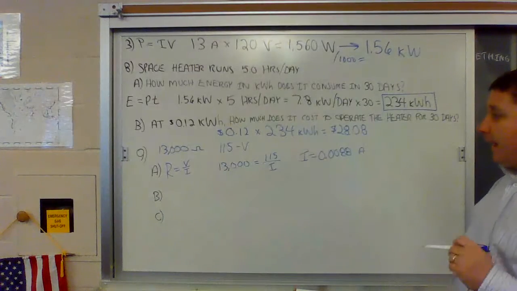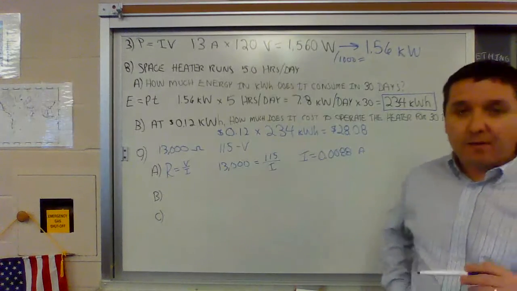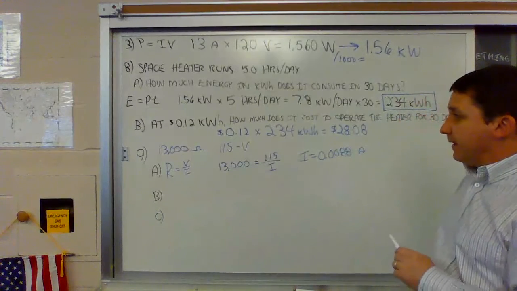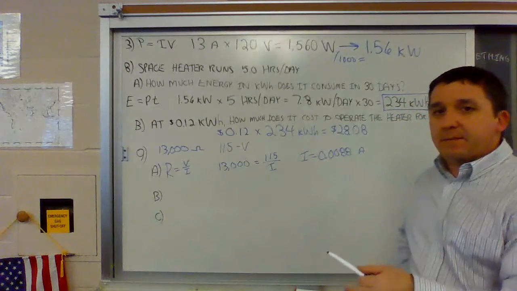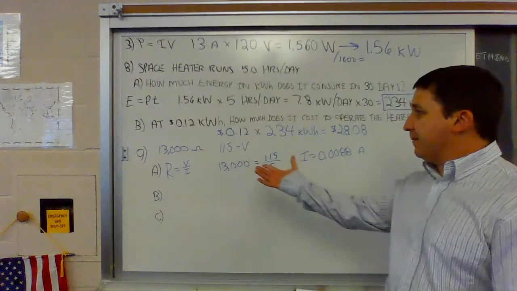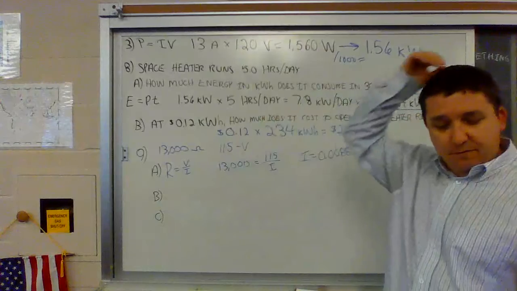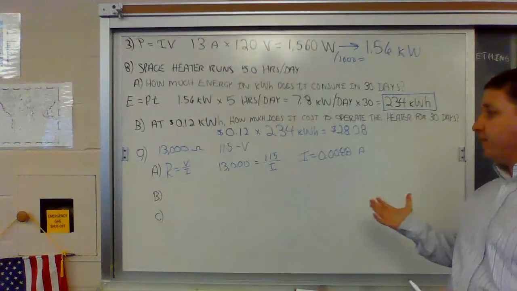Now, in part B, it says how much power does it use? Well, it doesn't say about the power being dissipated by the resistor, even though we have a value here of a resistance of 13,000 ohms. That's fine.